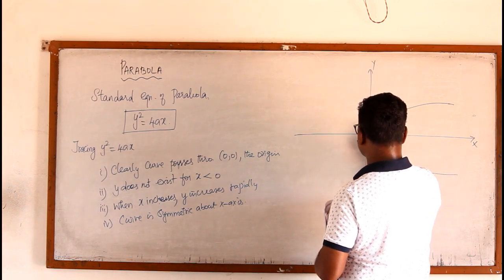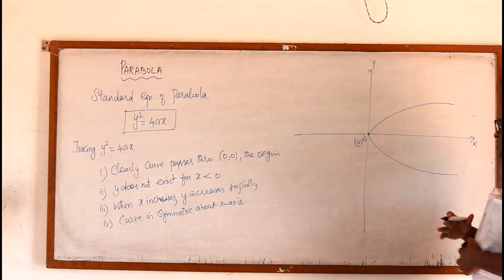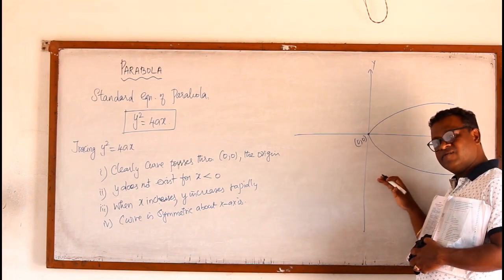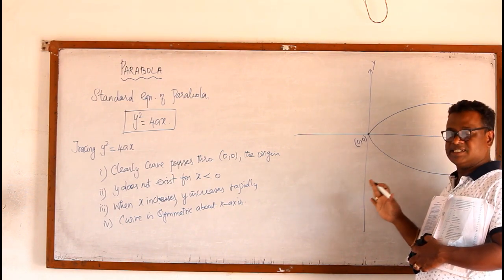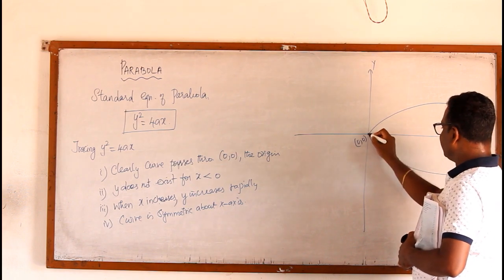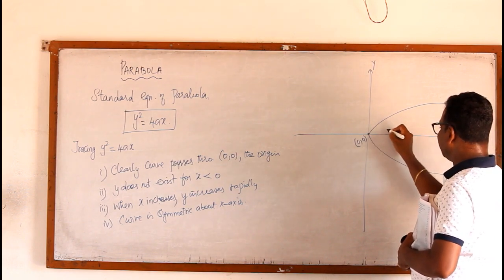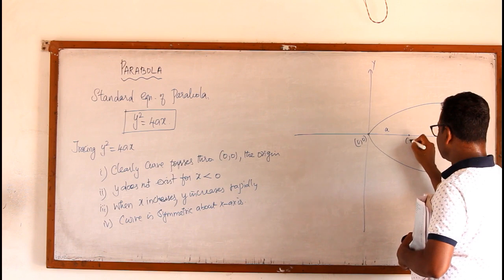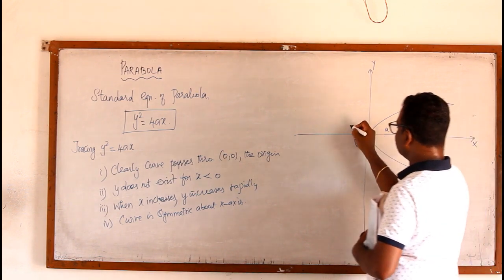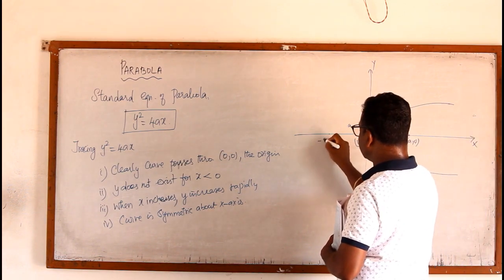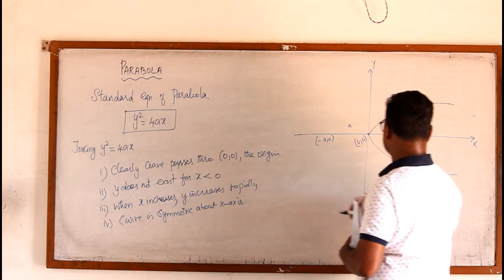Now this is the origin. Now we shall study something about this graph. Suppose I take a point at length a, then this point is a comma 0. Similarly, at length a on the other side, this point is minus a comma 0.